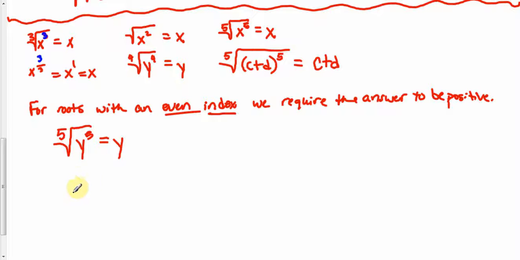But if I look at this one, 9x minus 2 squared, the square root of anything squared is just that anything. You have to put bars around it because you took the even root of it.